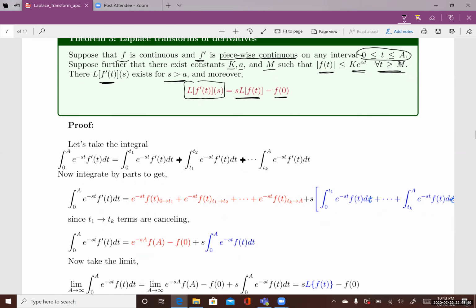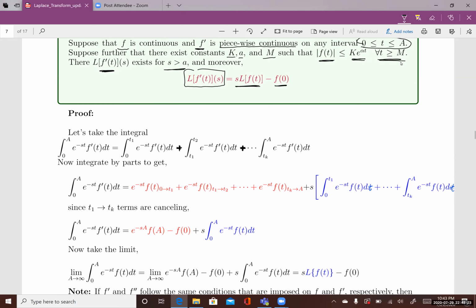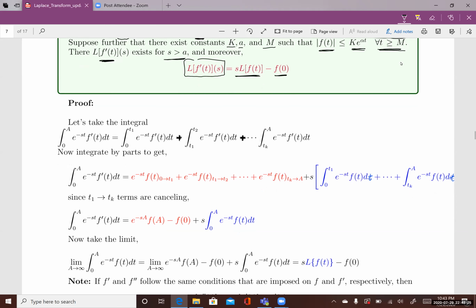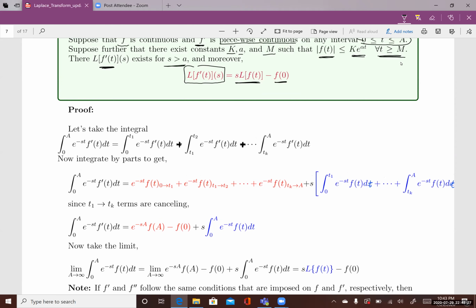So here's a proof of how we can derive this formula. It's a little long proof, but briefly, you just put this Laplace transform into its definition, break the interval into subintervals, and integrate all of these integrals.